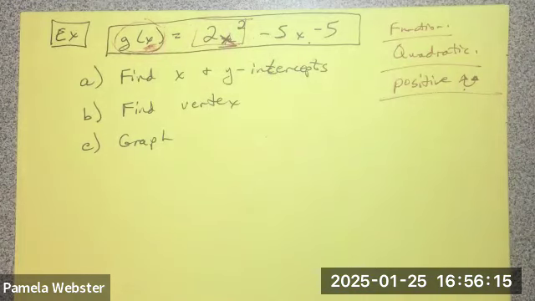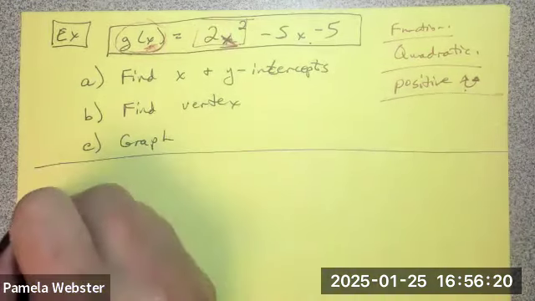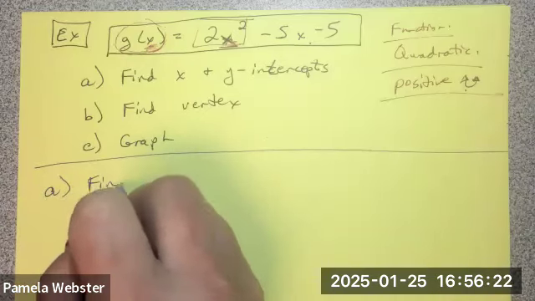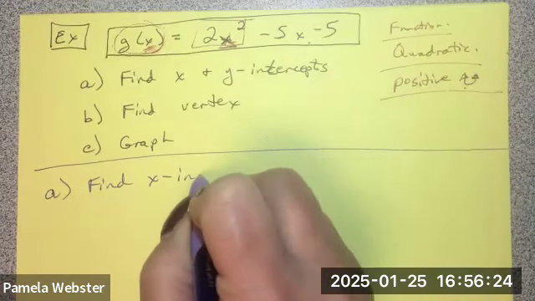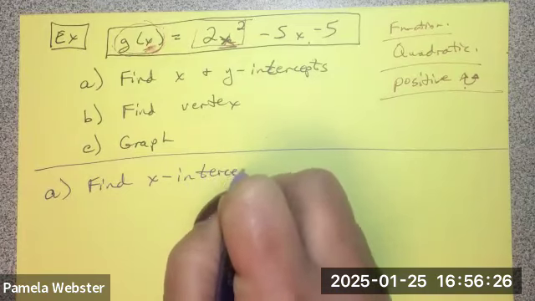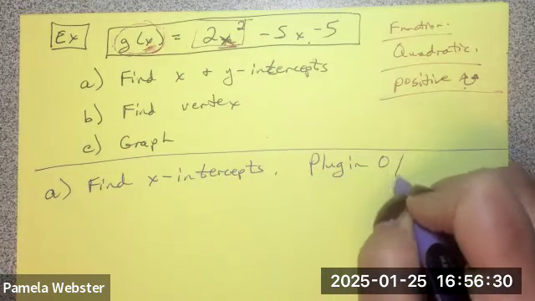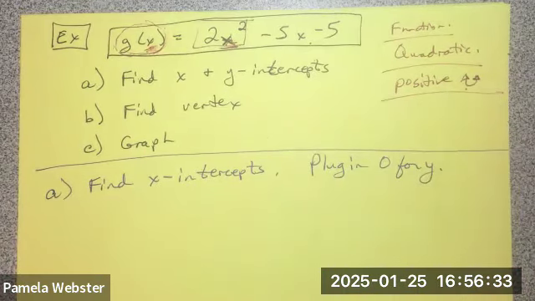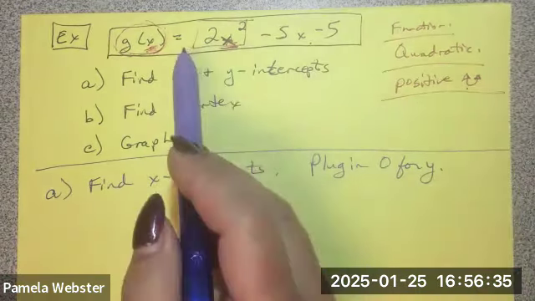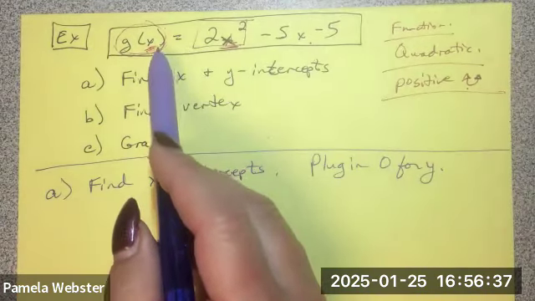Okay, so let's get to it. We need to find the x-intercepts. And when we do that, we said we were going to plug in 0 for y. Now I'm looking at this guy and I say, hey, I don't see a y up there.